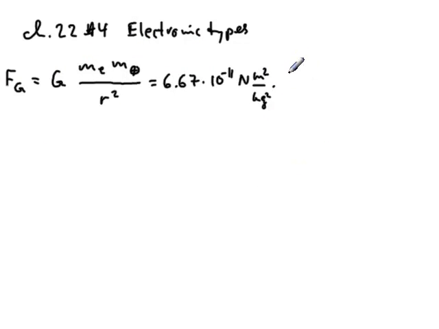Times the electron mass, given as 9.1 times 10 to the negative 31 kilograms, times the mass of the Earth, also given as 5.98 times 10 to the 24 kilograms.